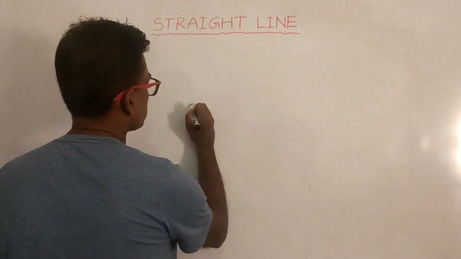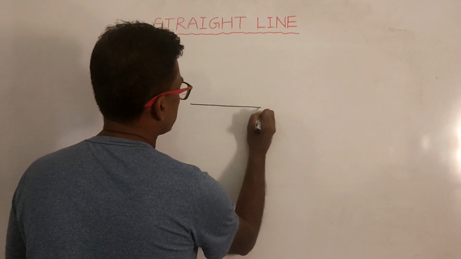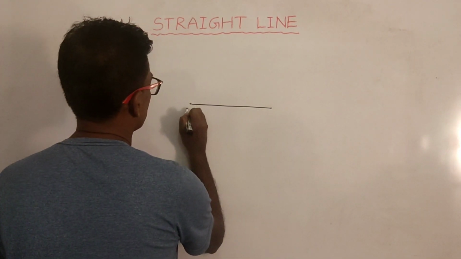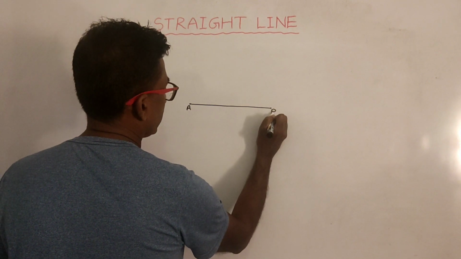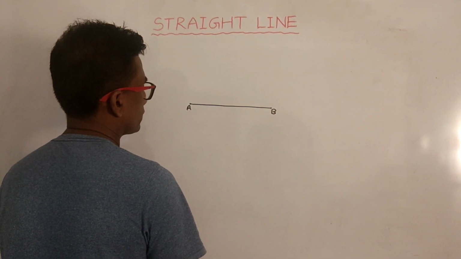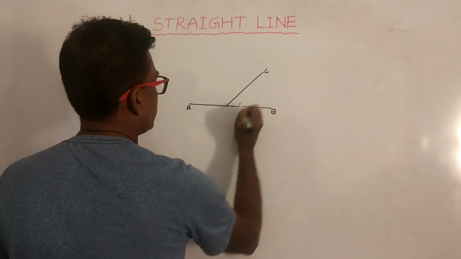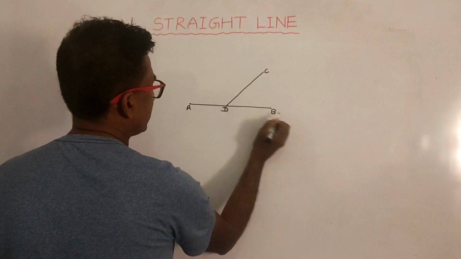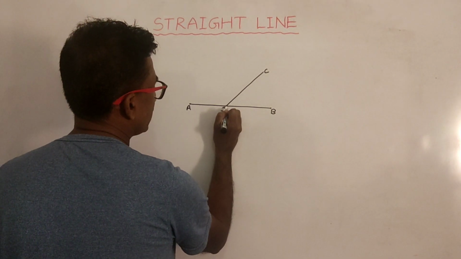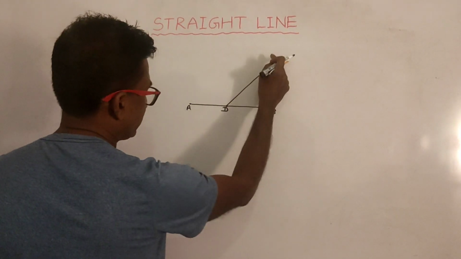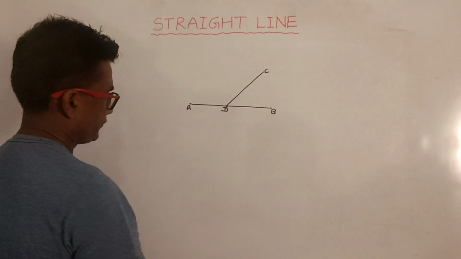We will assume that this is a straight line segment, which we will call AB, and CD meets AB at D. So D is an internal point of AB. It's an extremity point of CD.